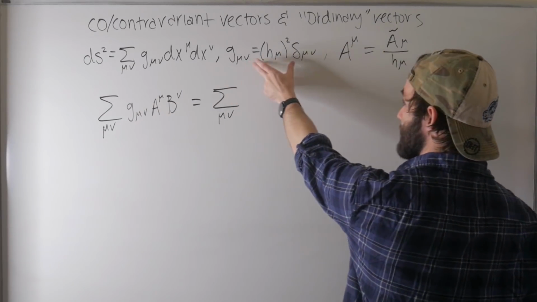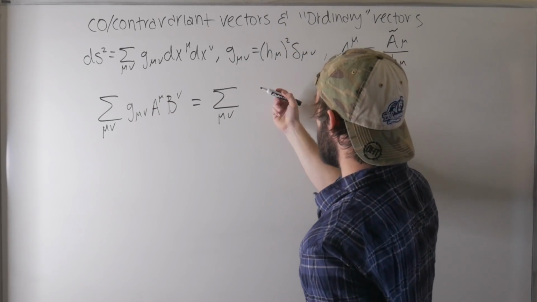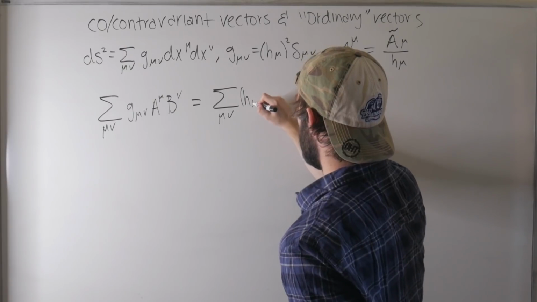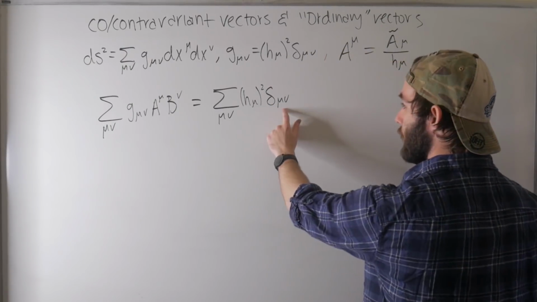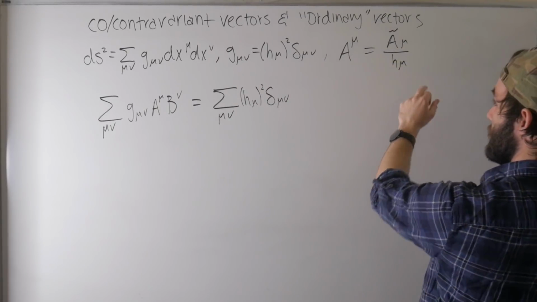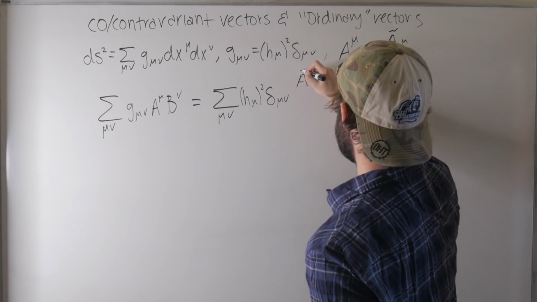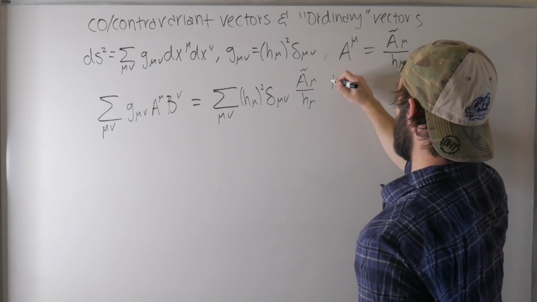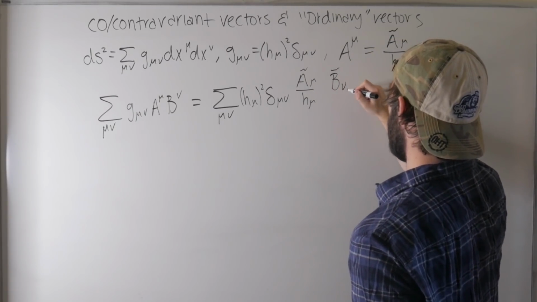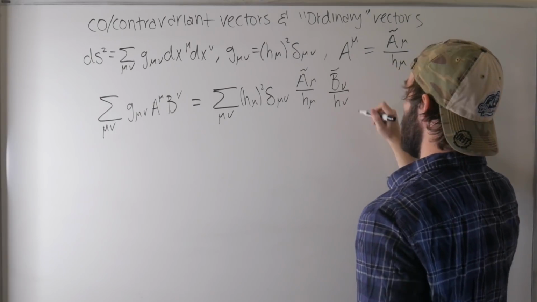G mu nu is this factor here in terms of the h squared, so we get an h mu squared delta mu nu. A mu is going to follow this, so this is going to be A tilde mu over h mu times B tilde nu over h nu.